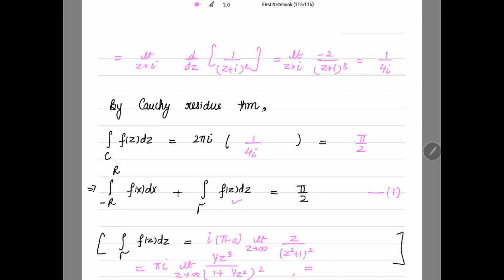This comes out to be, because it is infinity, so this is 0. So you will notice that every time this integral over this Γ comes out to be 0, right? So put this value over here, and also you have to take R tends to infinity.